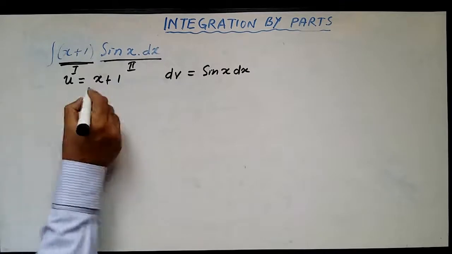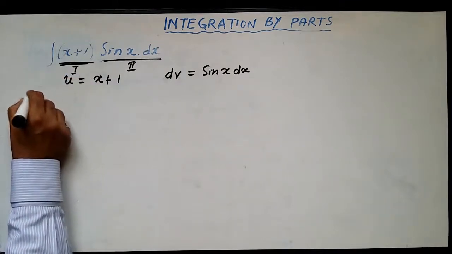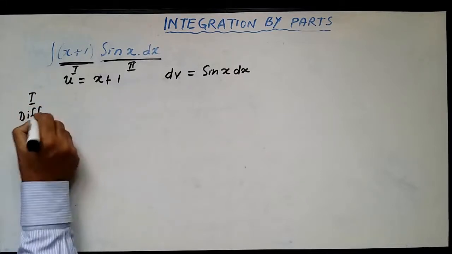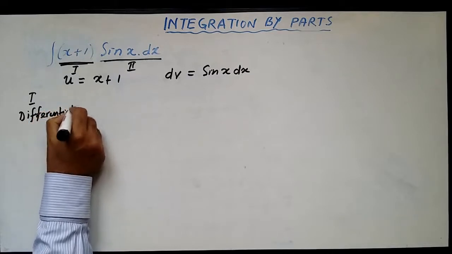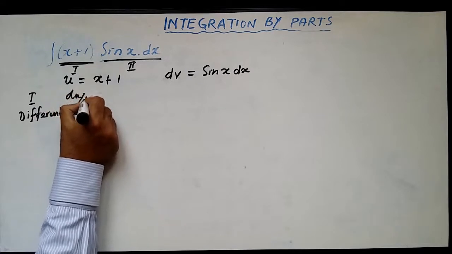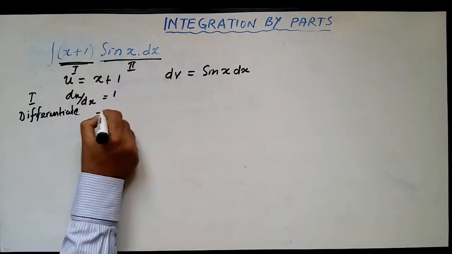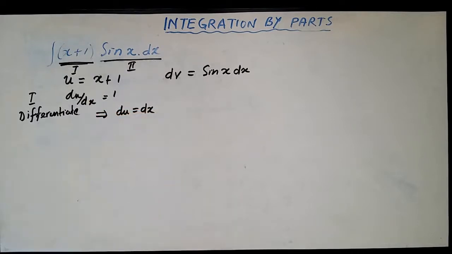Now we will differentiate the first part. So we get du by dx is equal to the differential of x, which is 1. This implies that du will be equal to dx.